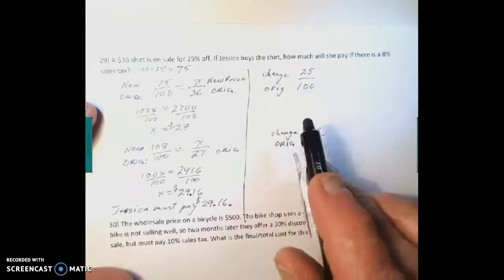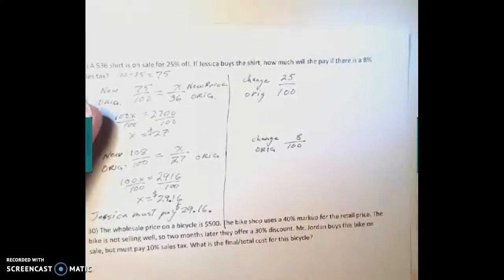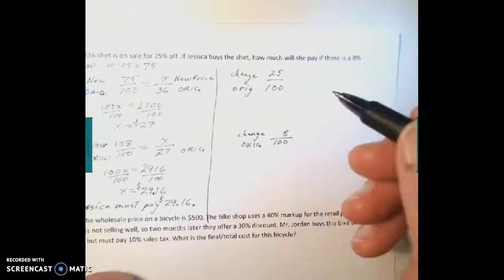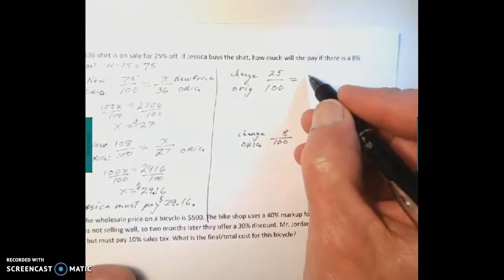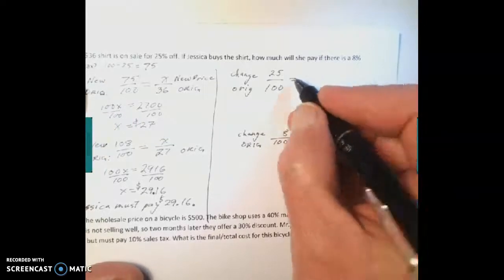If you're doing this as change over original, you have to think about that when you solve the proportion, you're going to have the amount that you have to change the price.